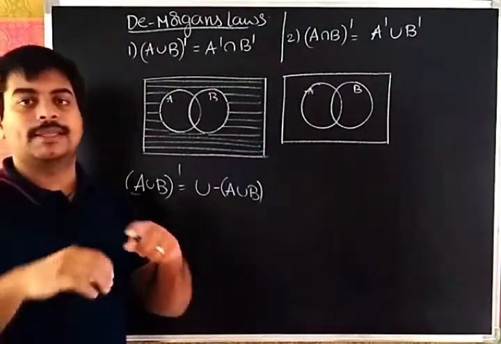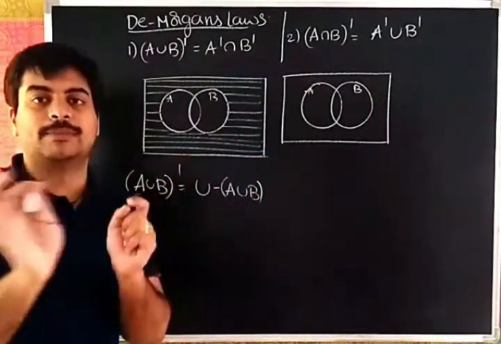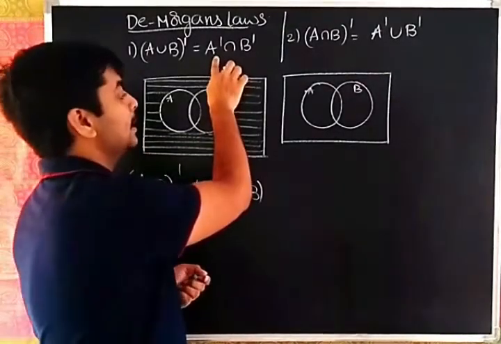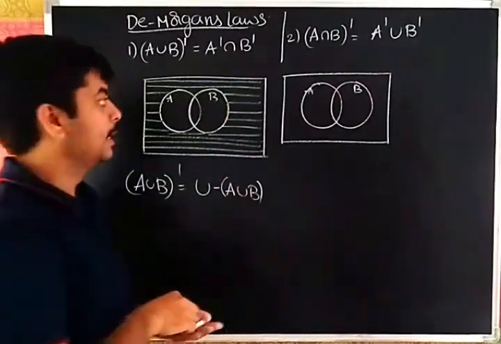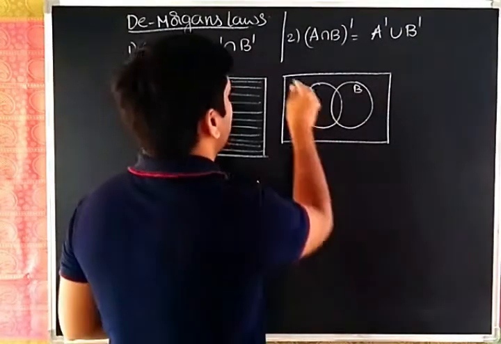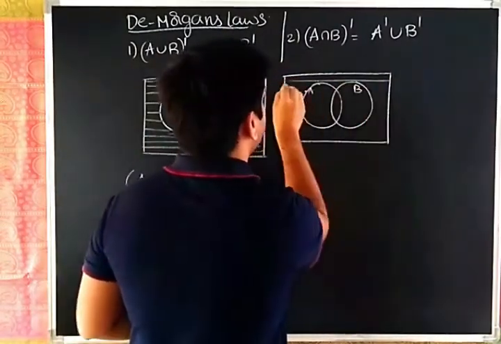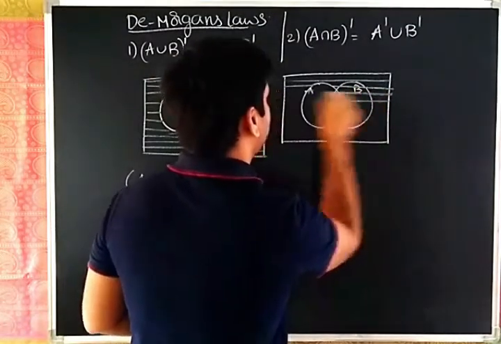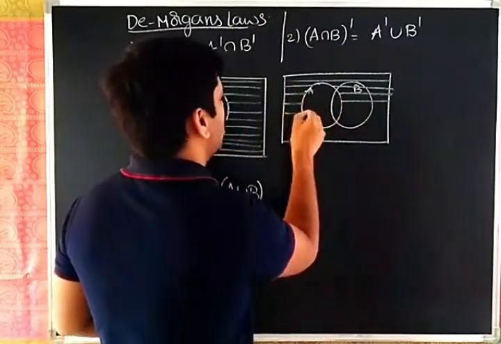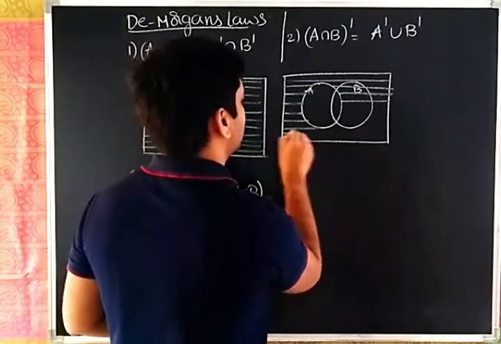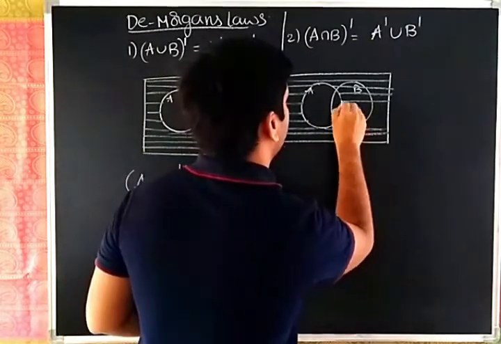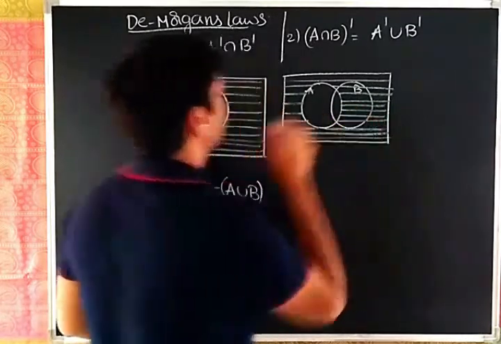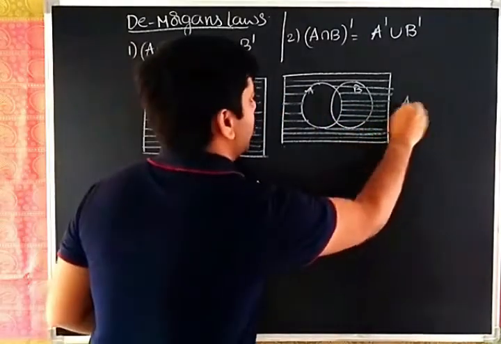A complement means from the complete universal set, A should be removed. B can come from the complete box, from the complete rectangle. A should not be included, so there is no restriction on B. This is for A complement.